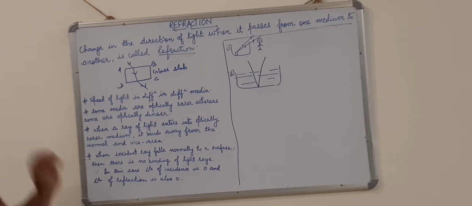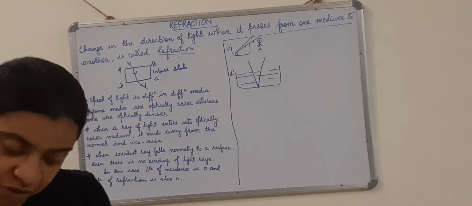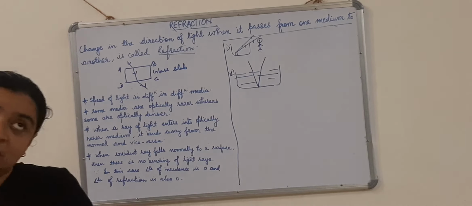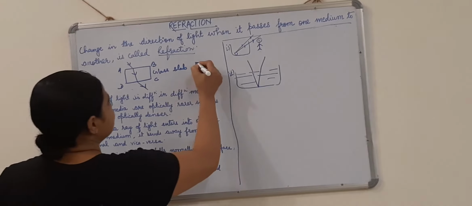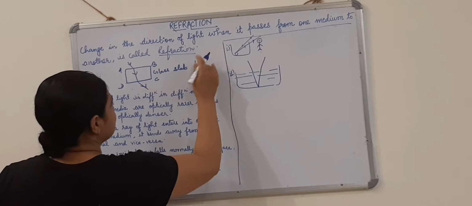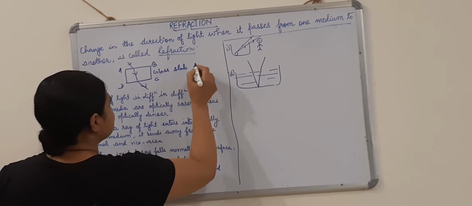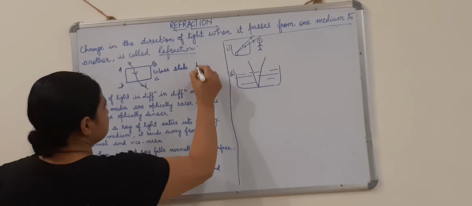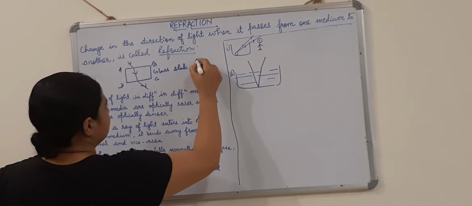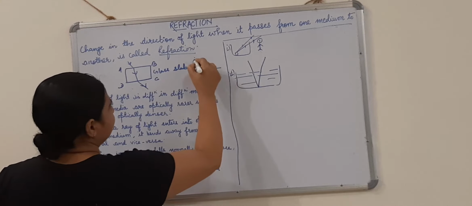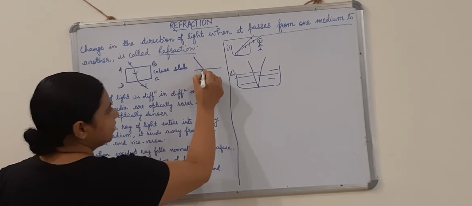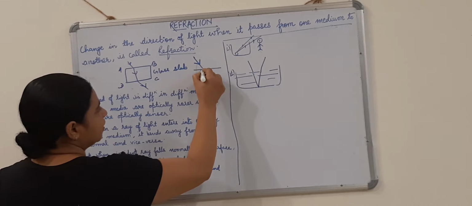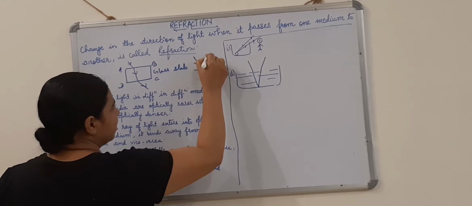Why does this refraction take place, children? First question. Why does this happen? If it was not the glass slab, if it had been the same medium only, suppose it is a mirror, light hits the surface from the air and gets back into the air.